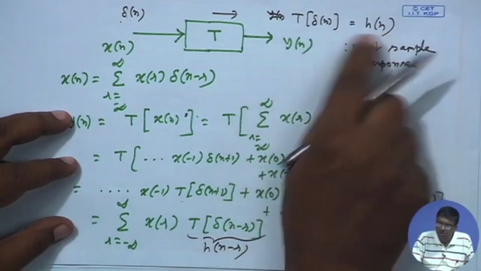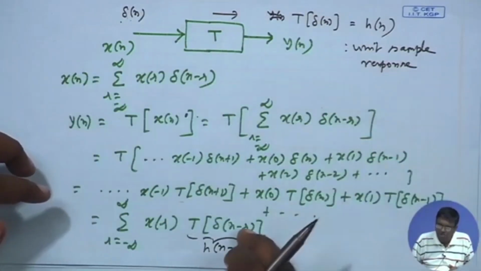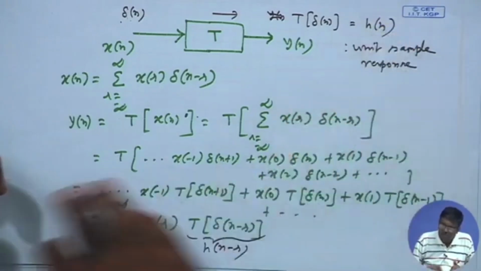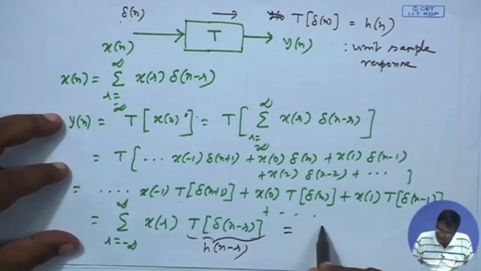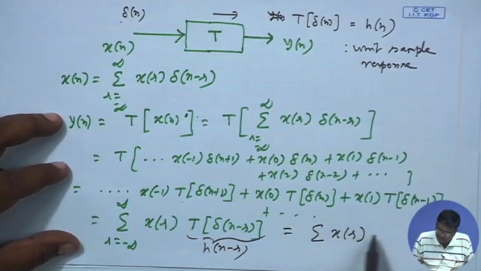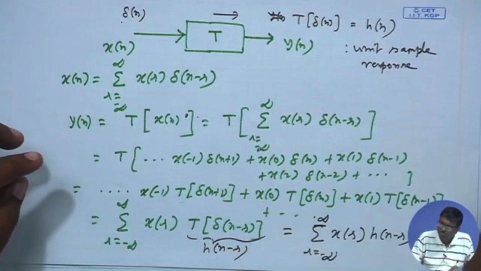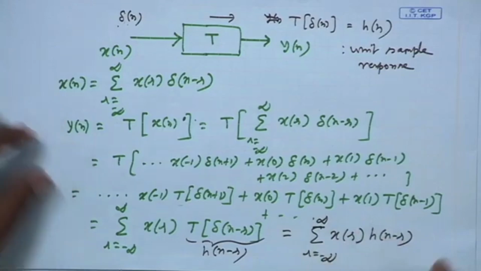That is, if the sequence is shifted by r, the new output will be a shifted version of the original one, h n, and the amount of shift will be the same r, because it is shift invariant. So, then we get this result. Okay. This is a famous thing, it is called convolution between x and h.